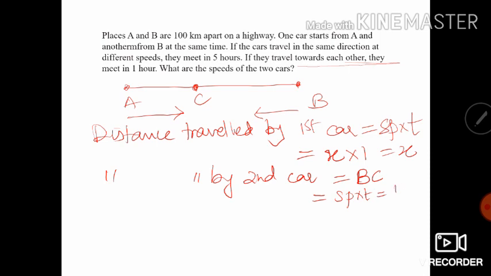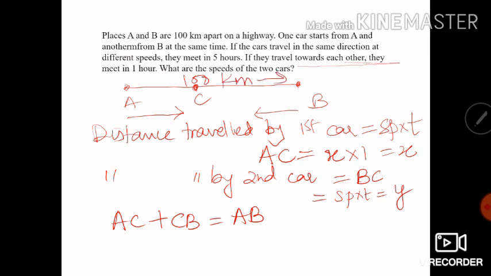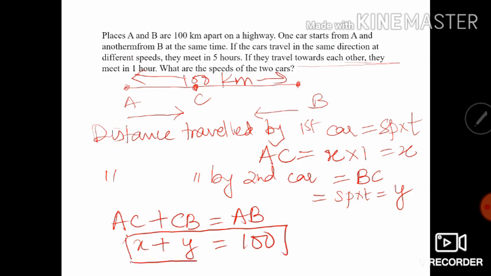So that will be y into 1, that is y. This distance is AC. So from the figure you can see AC plus CB is equal to AB, and we know that AB is 100 kilometers. So AC is x, CB is y, and AB is 100. This is our second equation. So we can solve the two equations and get the speeds of the two cars.